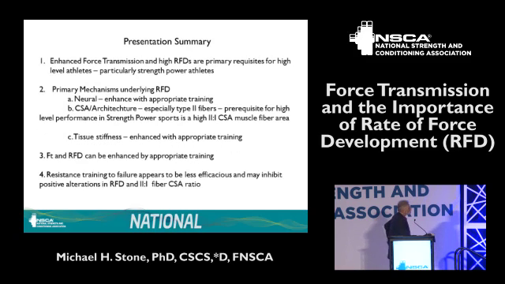So we would argue then that enhanced force transmission and high rates of force development are primary requisites if you want to be a good strength power athlete. The primary mechanisms, again, are neural, changes in cross-sectional area and architecture, and tissue stiffness. All of those are influenced by genetics, but all of them can be influenced by appropriate training.